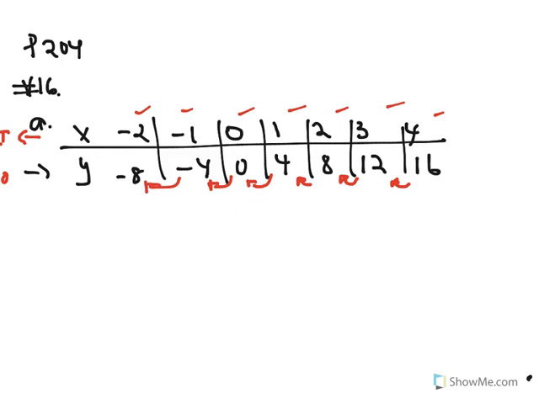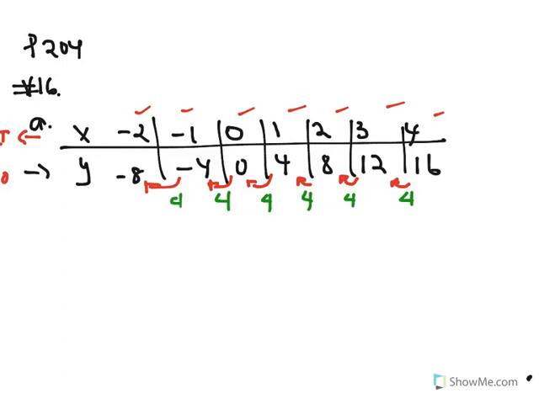So here we go, 16 minus 2. I'm going to write here the answer is 4. 12 minus 8 is 4. 4, 4, 4, and 4.